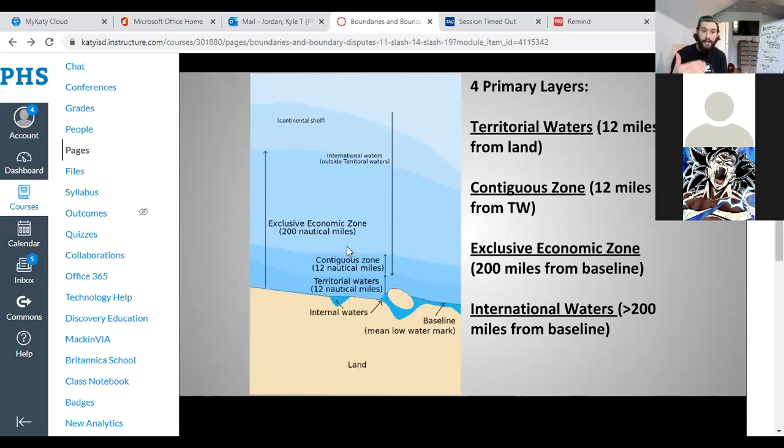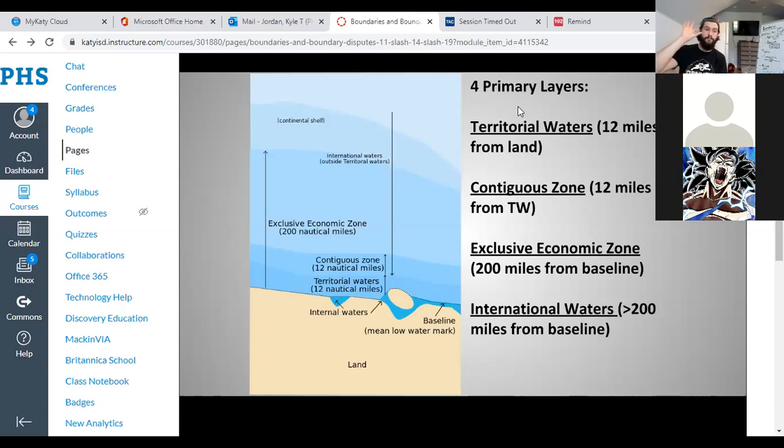Because you have to remember, you have 12 nautical miles for territorial waters, 12 nautical miles for the contiguous zone, and then you have 200 miles, including those original 24 miles, of exclusive economic zone. All right. And then after that 200, if it's not hitting anyone else's exclusive economic zone, it is international waters.